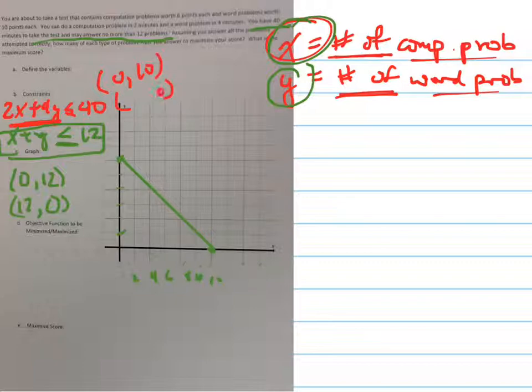And if I plug in 0 for Y, get rid of the Y term, then X would be 40 divided by 2, which is 20. So (0, 10), which is up here, and (20, 0), which is 12, 14, 16, 18, 20. Did I do that right? Let's hope I did.